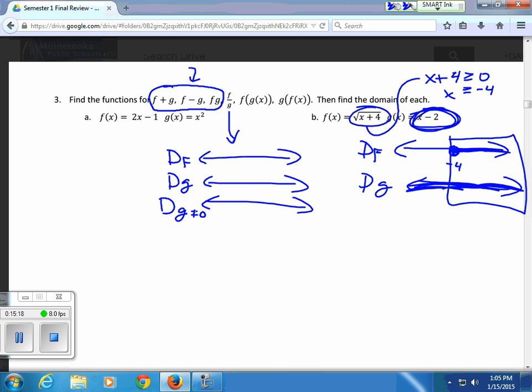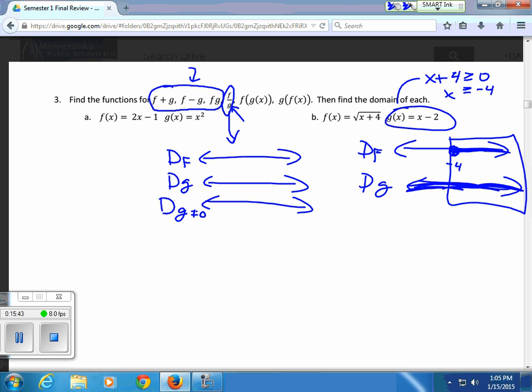So again, here's my two functions I was asked to consider, this one and this one. And the g function is on the bottom of this fraction, right? So the g function, which is x minus 2, normally it's okay for it to be 0, but not if you're on the bottom of a fraction.